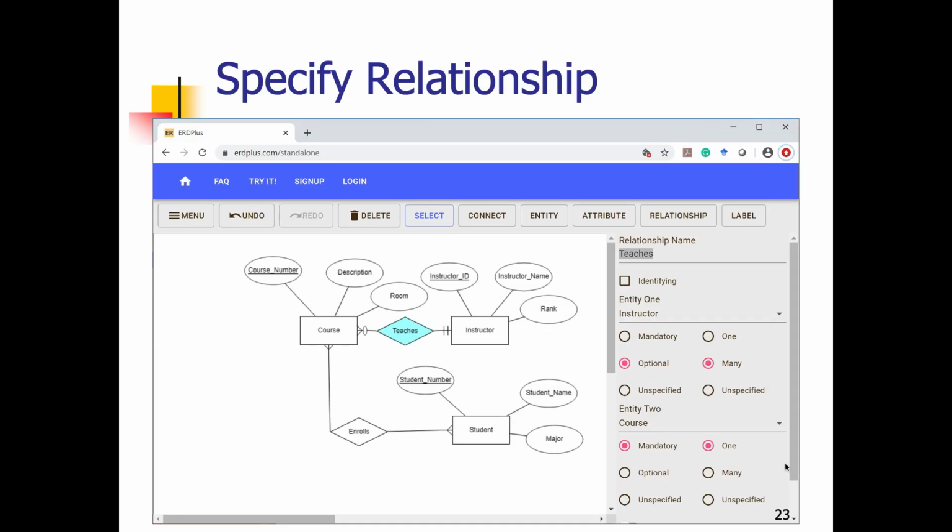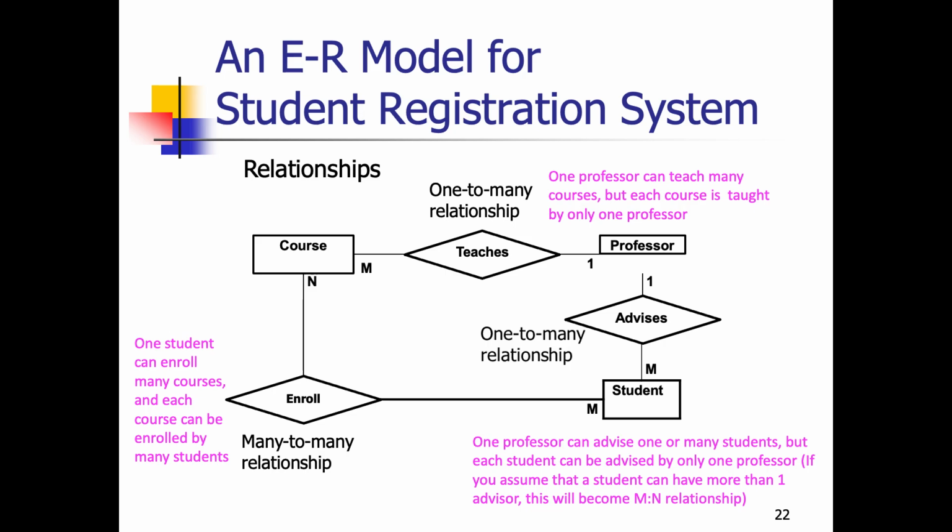Okay, if you see here, we were in the student and course. We said each student can enroll in many courses and each course can be enrolled in by many students. So you can see it in later slides when we define it as a composite entity.